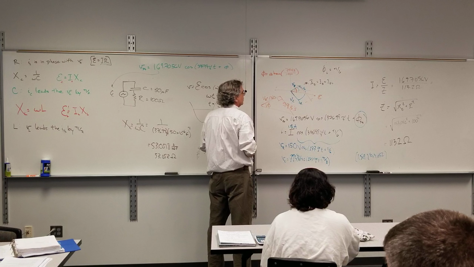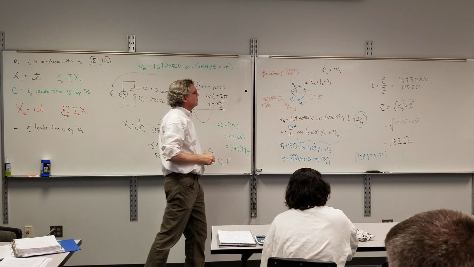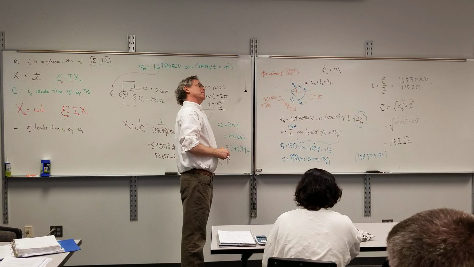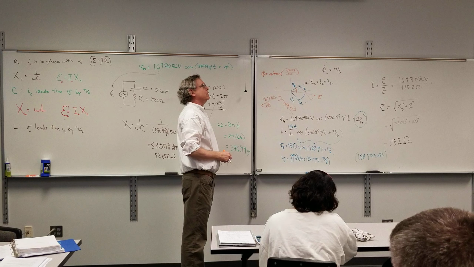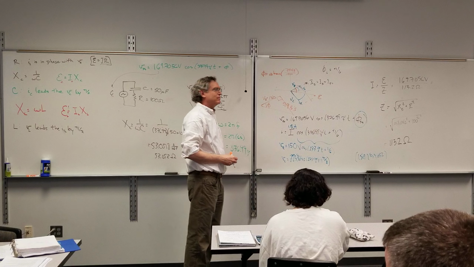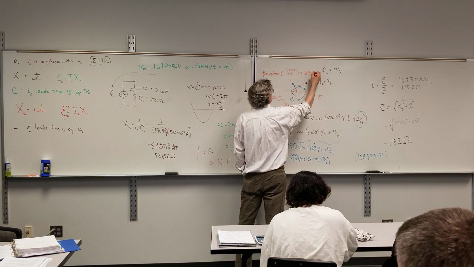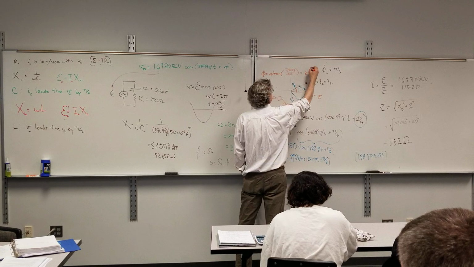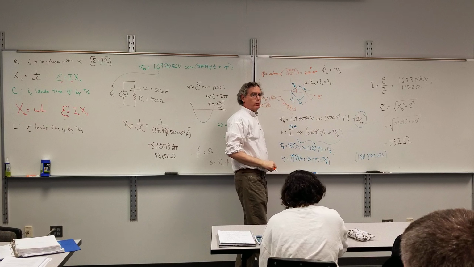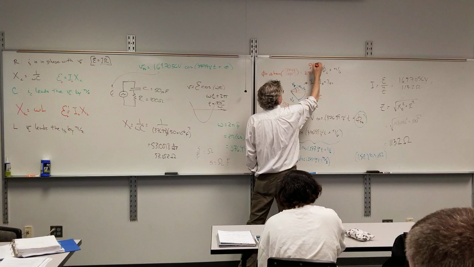And is that going to be about 30 degrees? A little bit more, so 27.9 degrees. Okay, in radians, of course: 0.4878.